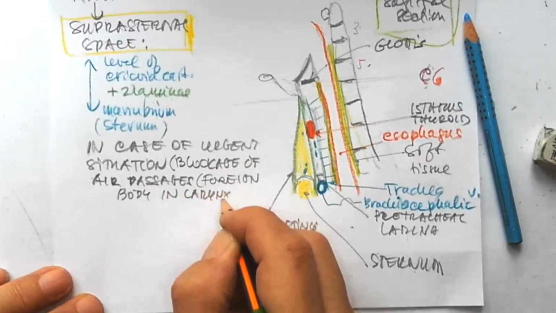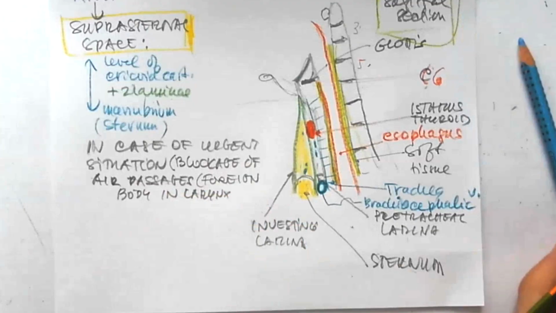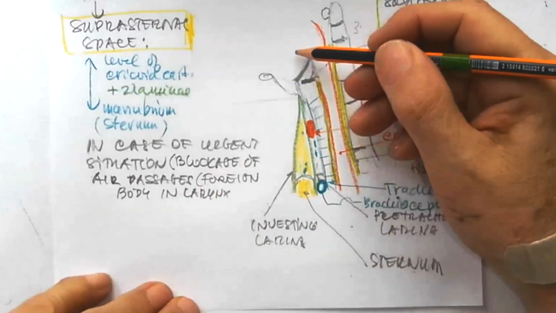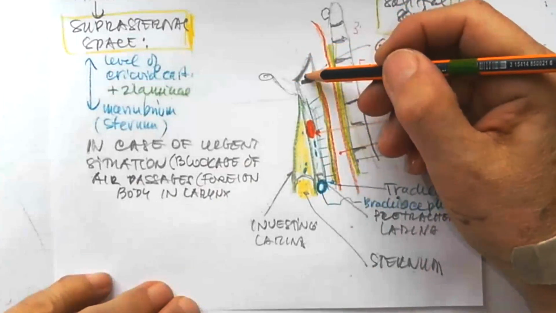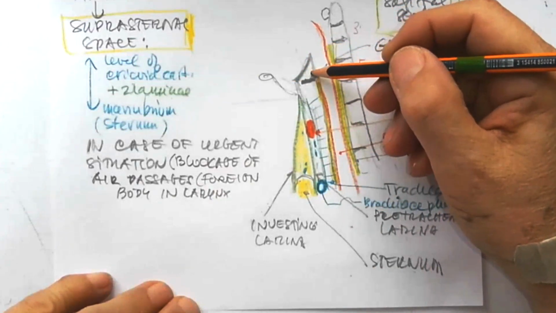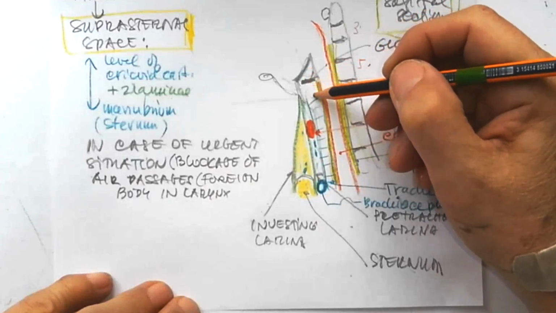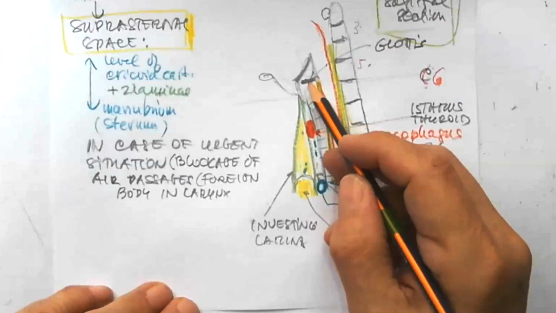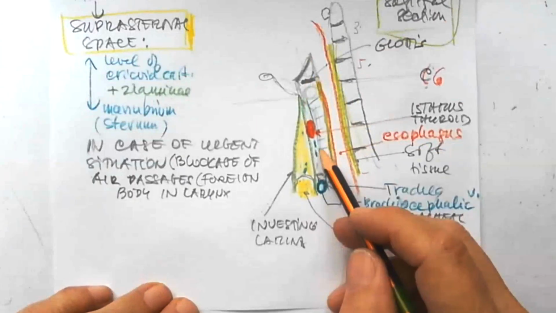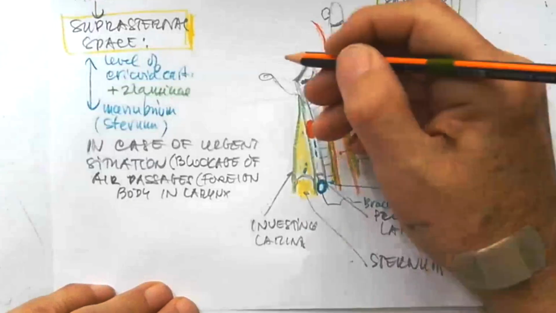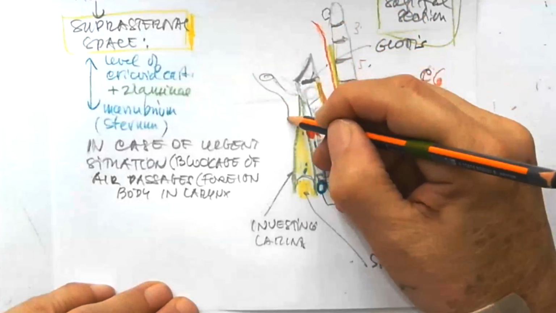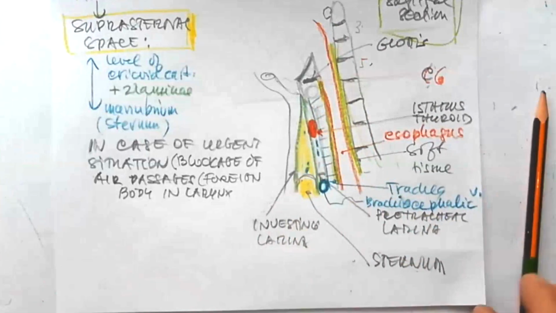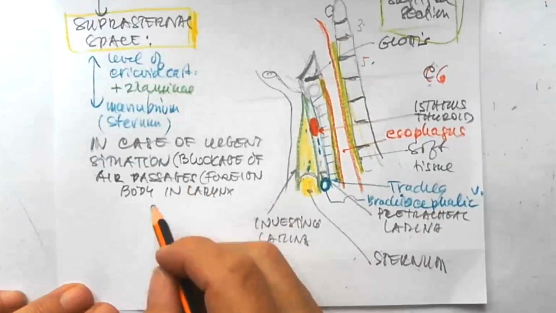So we know that especially children can inspire many different foreign bodies, like some balls, coins, etc. And then if it passes, it can usually block this area, usually lower, below the glottis, and then blocking the air passages. What should be done? Simply the trachea must be perforated, and then follows the foreign body.